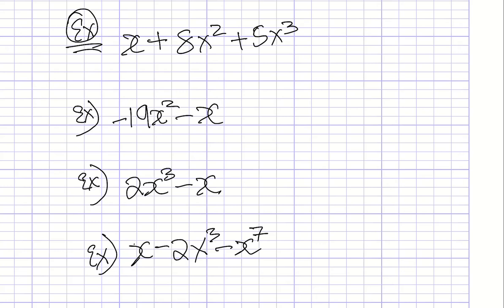If you look at it, it has a lot of information there. See the way they wrote it. You can rewrite it like this: 5x raised to power 3 plus 8x raised to power 2 plus x. Notice that you don't have to write it like that.